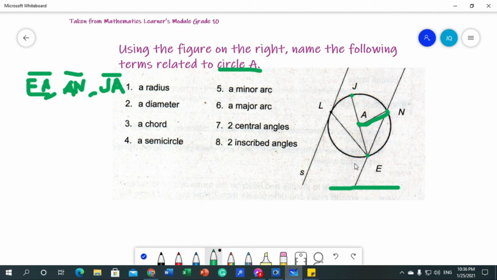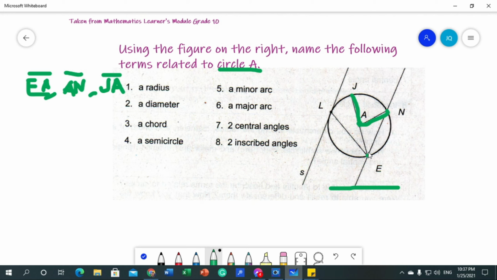So from the given examples, we have line segment EA, AN, and JA. How can you define a radius? Okay, very good. A radius is a line segment from the center of the circle to a point in a circle.